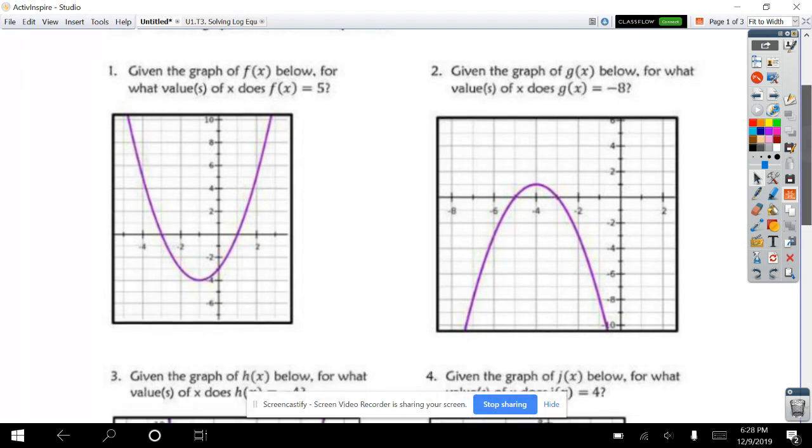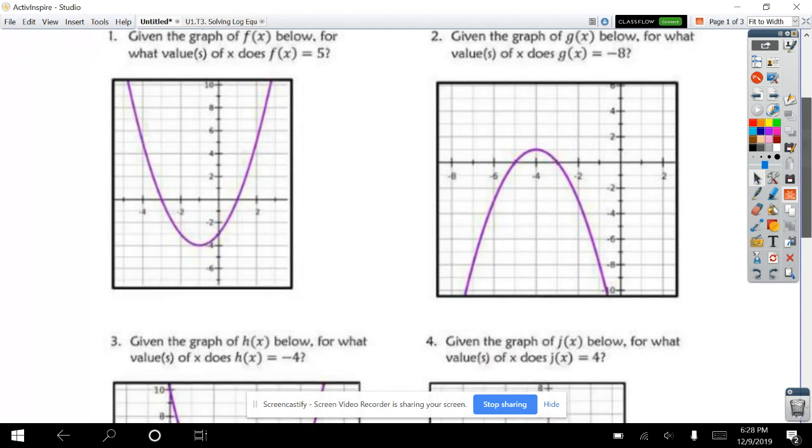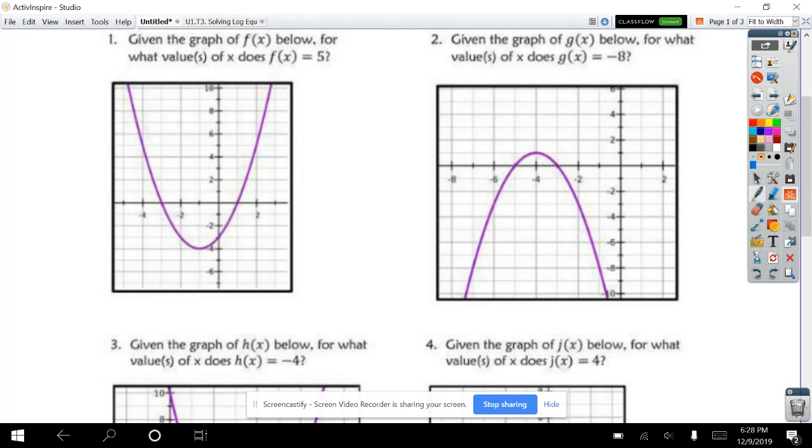For number 1, we're given the graph of f of x and it asks for what values of x does f of x equal 5. So f of x, remember, is just another way of saying y. So I'm going to look on the graph at where y equals 5, and I want to see where my graph touches at y equals 5.